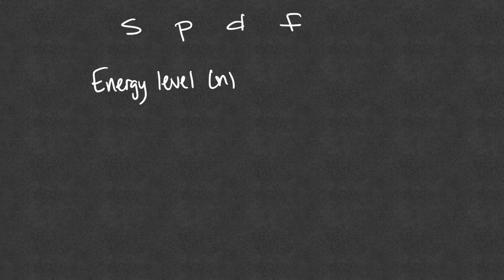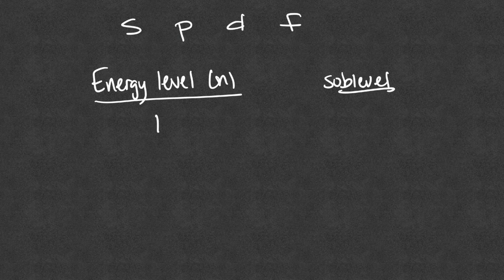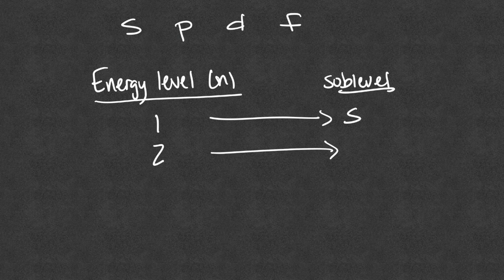For example, once again I'm going to notate this N. In energy level 1, the energy level closest to the nucleus, the only sublevel you could find is the S sublevel. In energy level 2, you will find the S, and for the first time, the P sublevel.